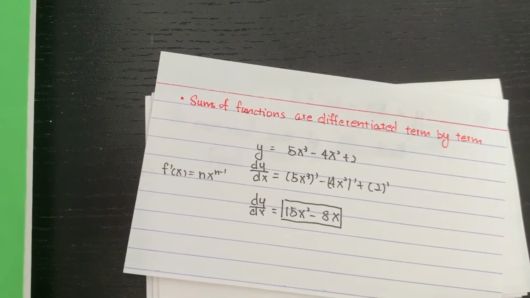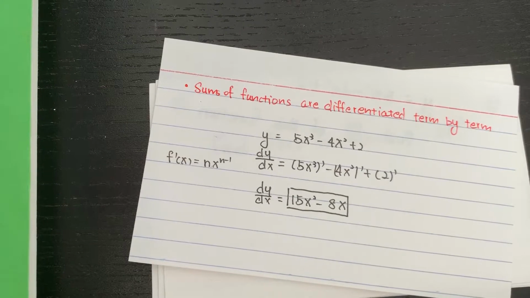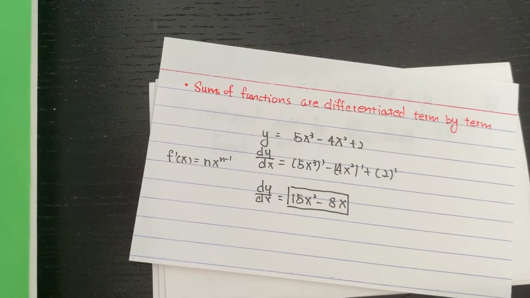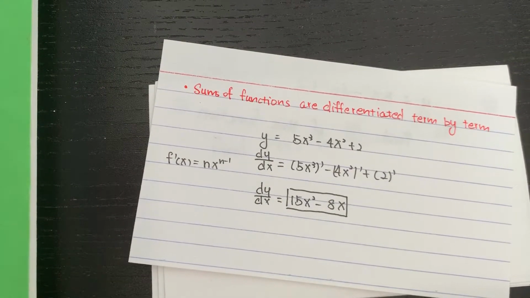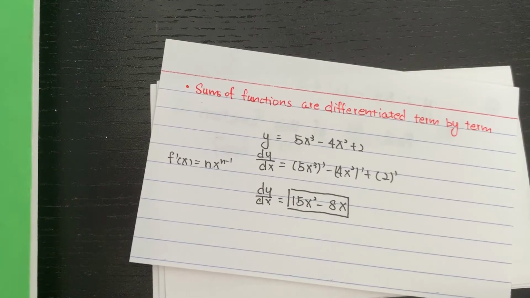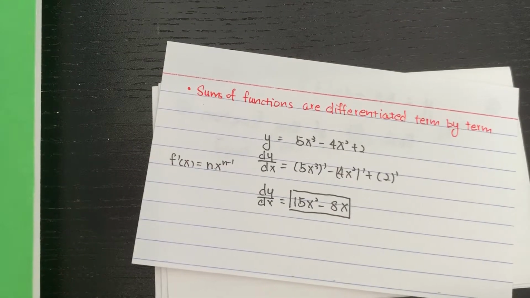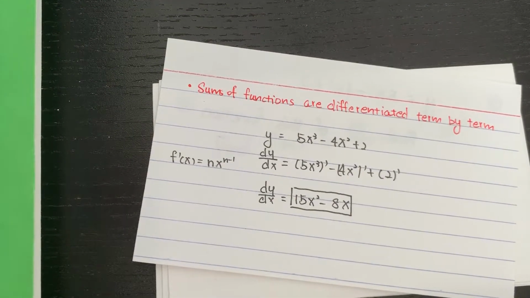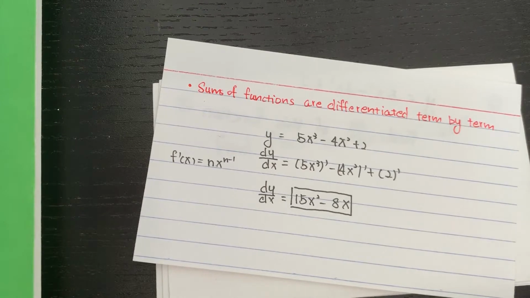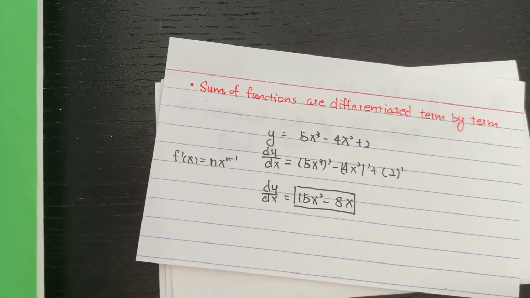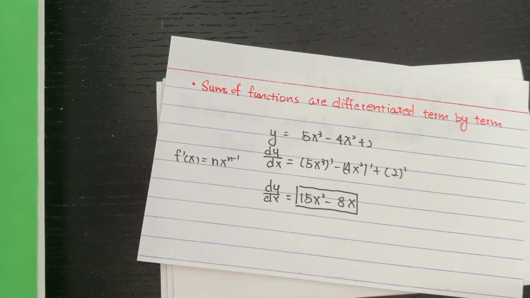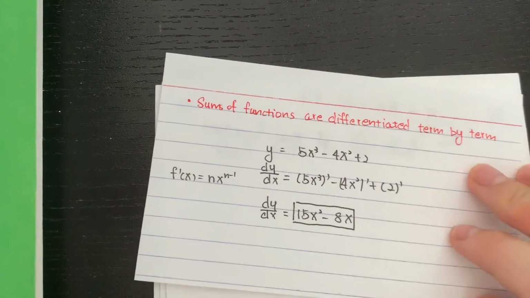But actually 2 is basically 2 times x to the power of 0. In this case, 0 is the n, and n will be multiplied with 2, so it becomes 0. So 2 will just disappear in the function.